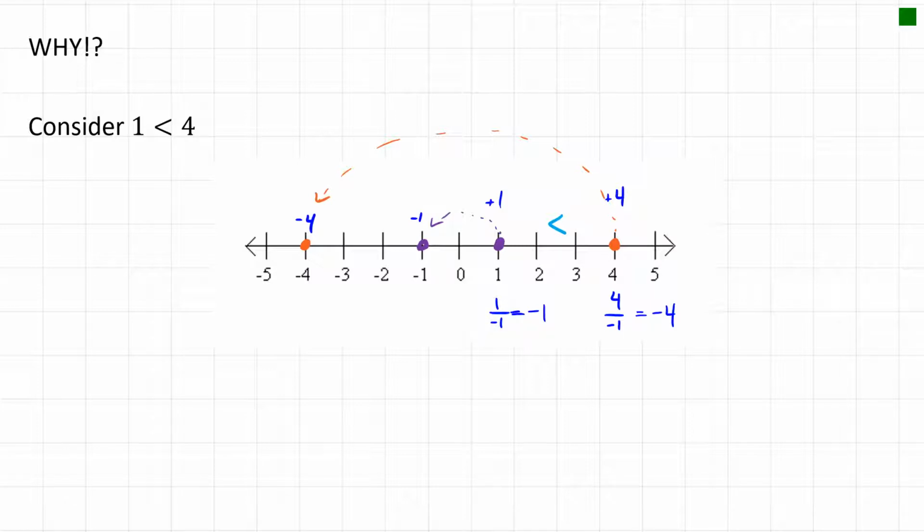So if we divide each side by that negative value, we have to flip the inequality to basically account for the fact that these two numbers have flipped to other sides of 0. They flipped to the other side of our sort of benchmark for measuring numbers.